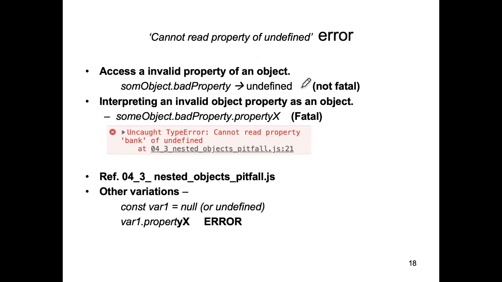However, if we treat this as a valid property and then try to chain something onto it, some object dot bad property dot something else, now I have a problem, because I'm trying to access a property of the primitive value undefined, and a primitive value does not have properties associated with it.